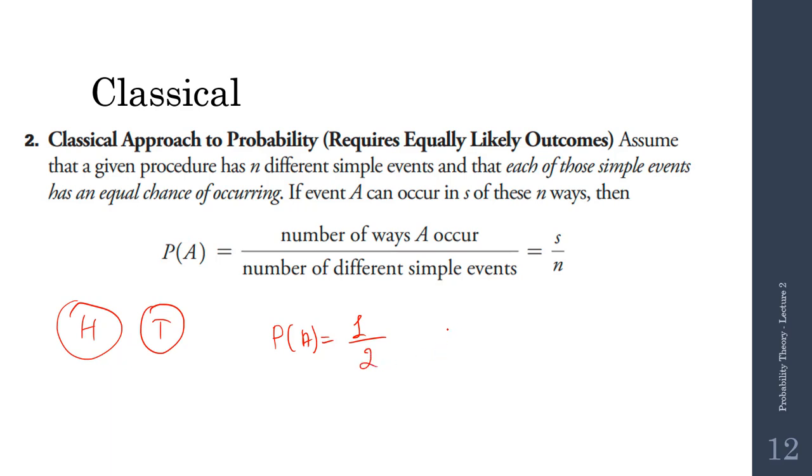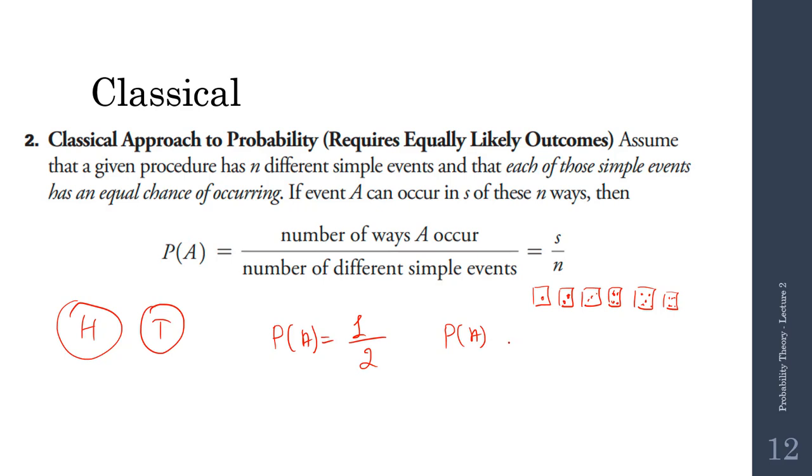And then another example, P of A with the die. The die has 6 sides: the first, second, third, fourth, fifth, and the sixth side. So it means 6 possible ways.